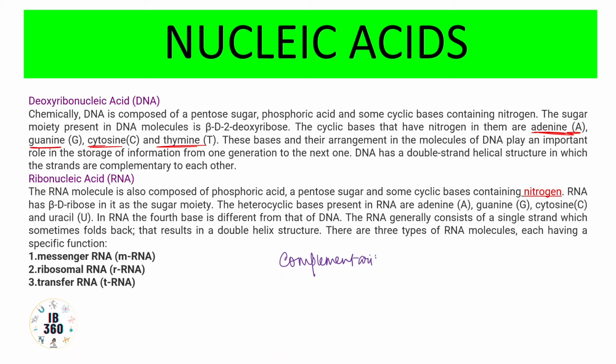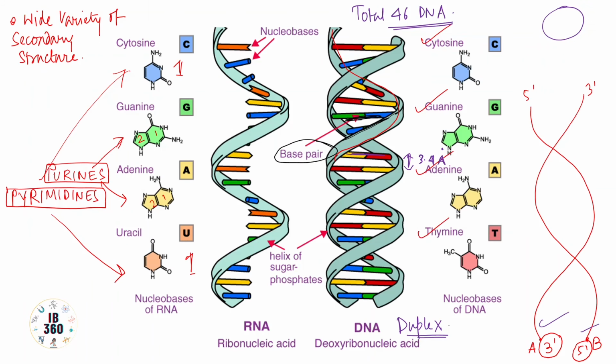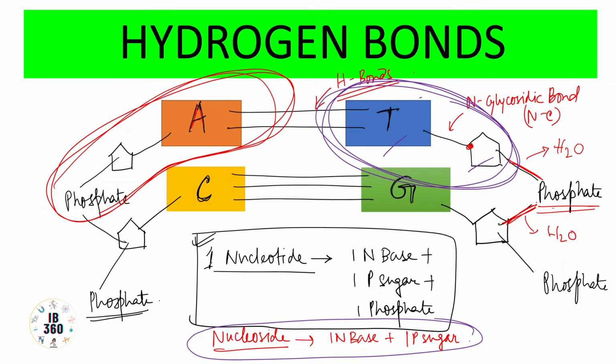If we look back at the nucleotide structure, we see that the phosphate end has a free end at 5'. That means the carbon of the pentose sugar which binds with the phosphate is the 5 carbon of the pentose sugar.